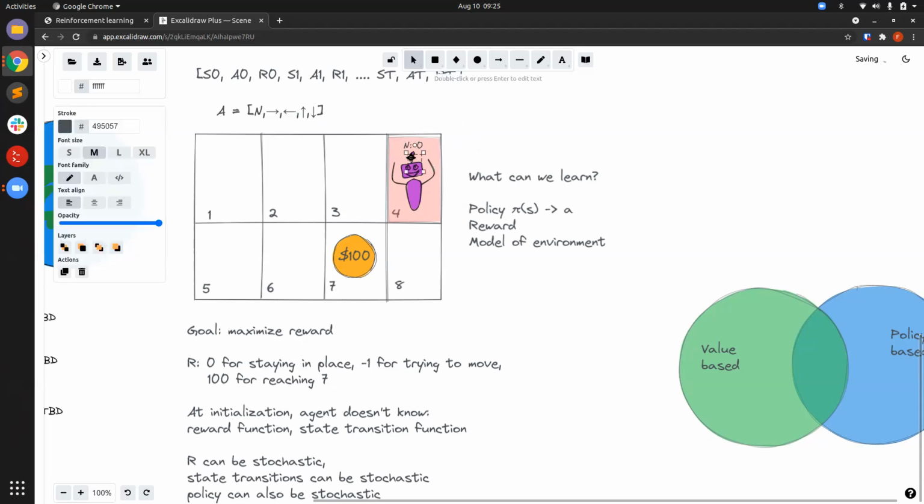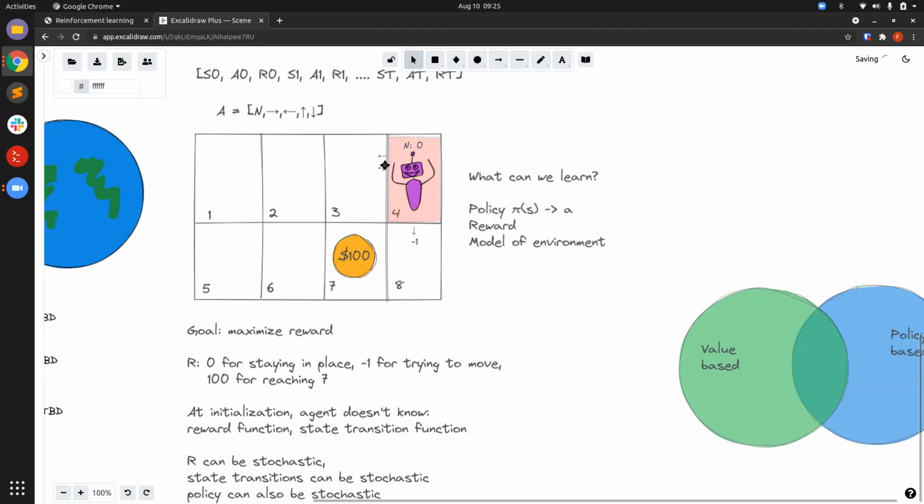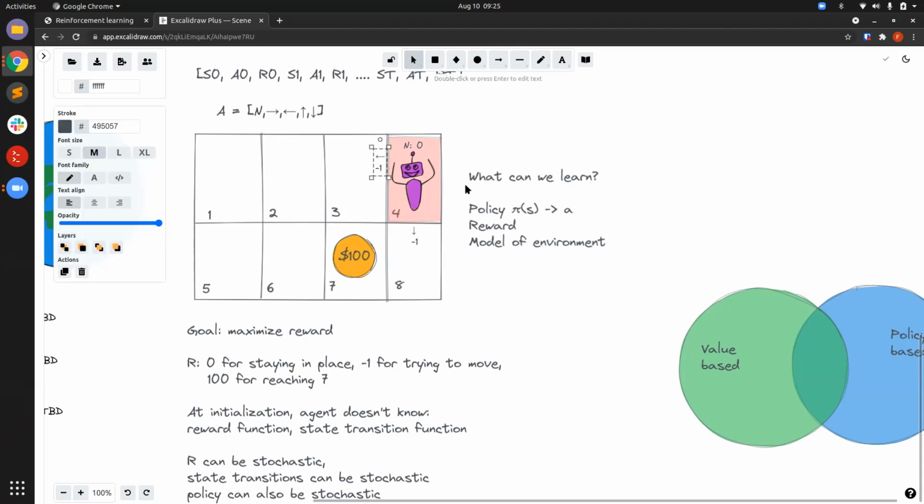If it tries to move right, it will earn -1 reward, but it will stay in state 4. If it tries to move down, it will earn -1 reward, but also stay in state 4. Same deal if it tries to move left or up. What's the best action it can possibly take?